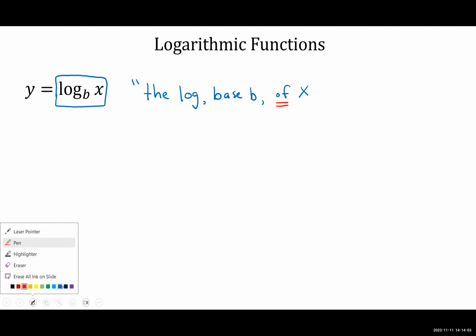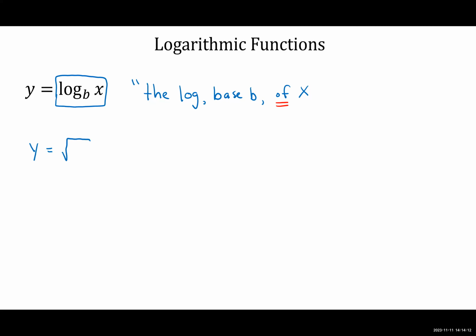So let's look at an operator that we've seen before: the square root. Written like this, y equals square root. What does this mean? Well, this means nothing. It doesn't make sense, because there's nothing under the square root.